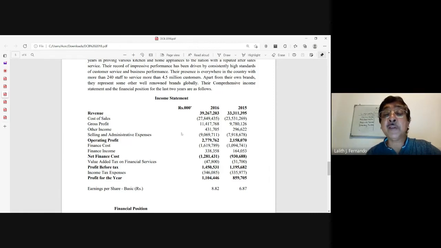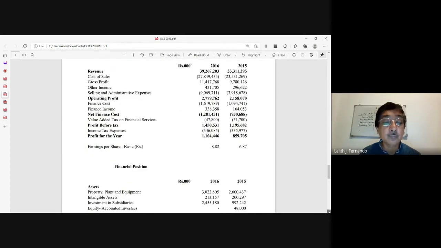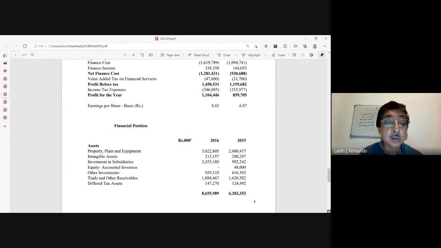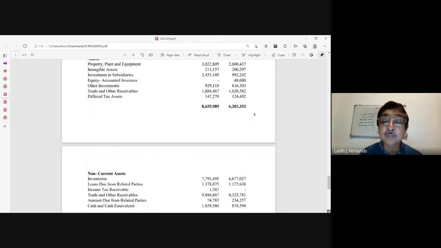Now we have to assume all these are credit sales. You need to assume that all these are credit sales, and you can just go into the receivables.